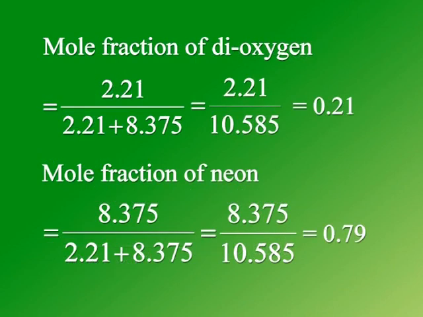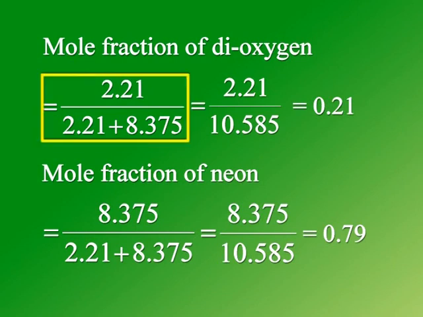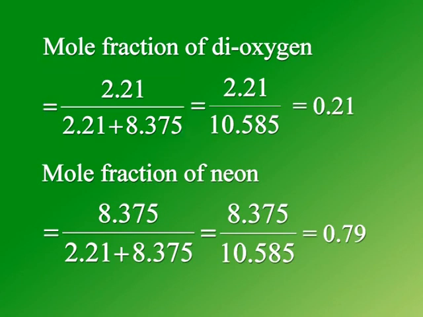Mole fraction of dioxygen is equal to 2.21 divided by 2.21 plus 8.375, which is equal to 2.21 divided by 10.585, which is equal to 0.21.